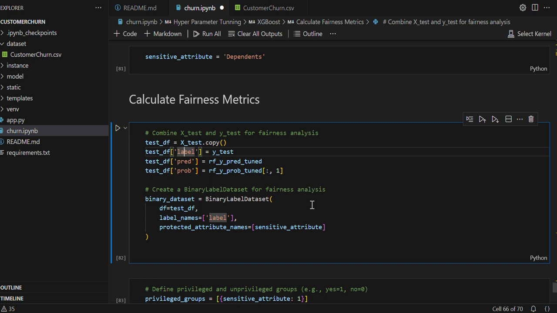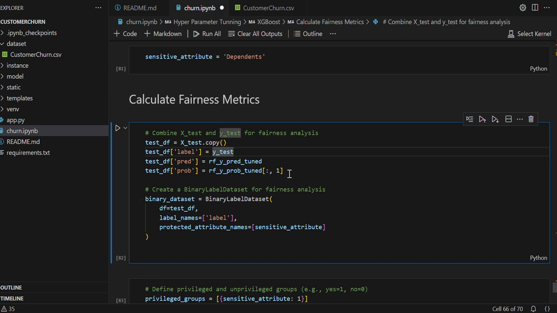So from the prediction you did, we create a data frame to store the predictions. Then we create a label to identify the initial results. Can you see the white text there? That's the initial answer. The next one is the prediction that was done, then the probability of the prediction.